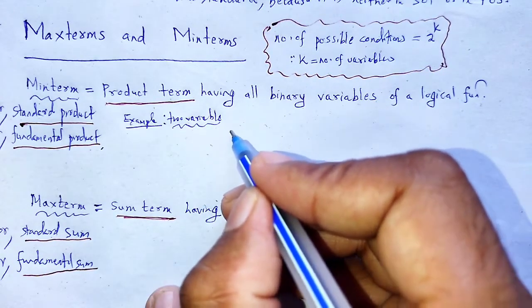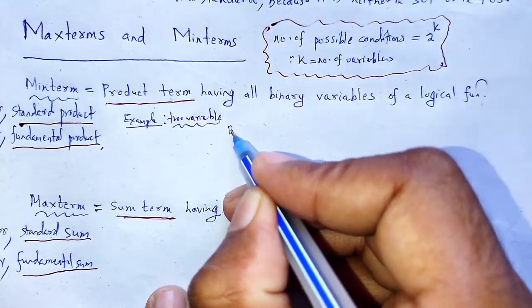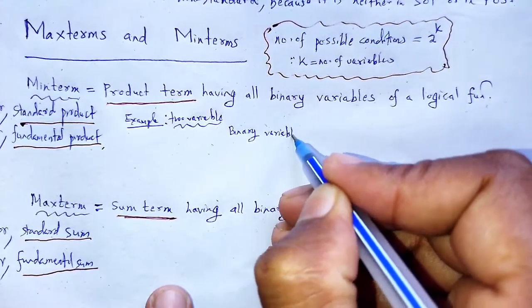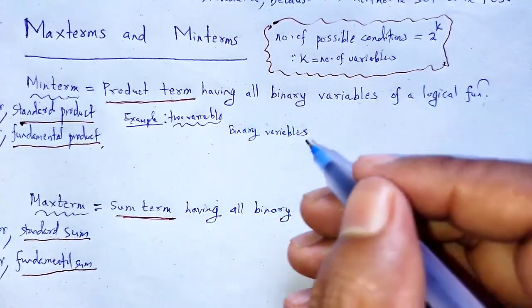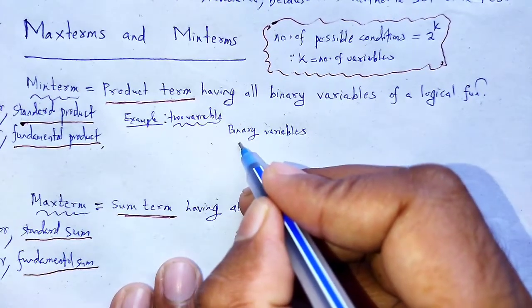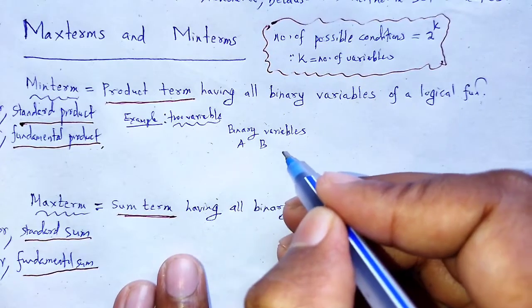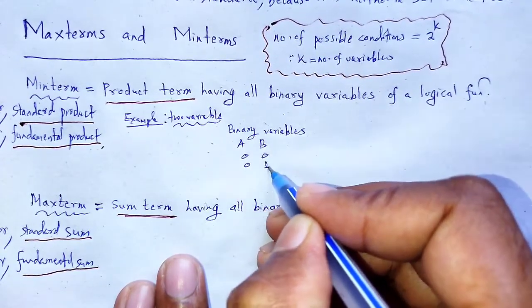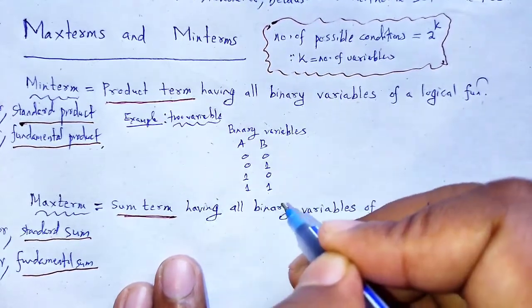So the binary variables for two variables, let A and B be the two variables. The possible inputs are 0 0, 0 1, 1 0 and 1 1.